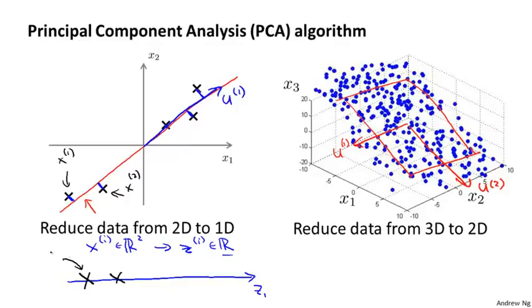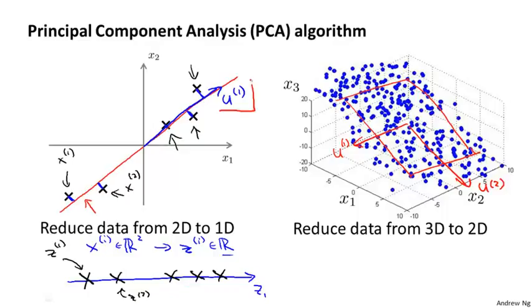So this point here would be z1, and this point here would be z2, and similarly, maybe x3, x4, x5 get mapped to z3, z4, z5.